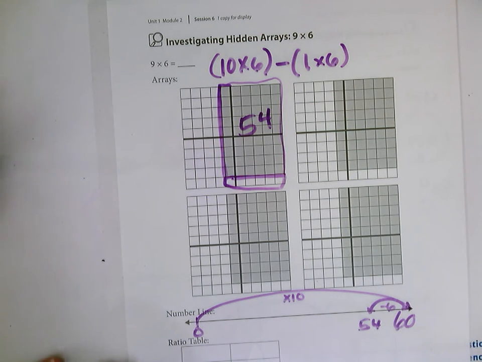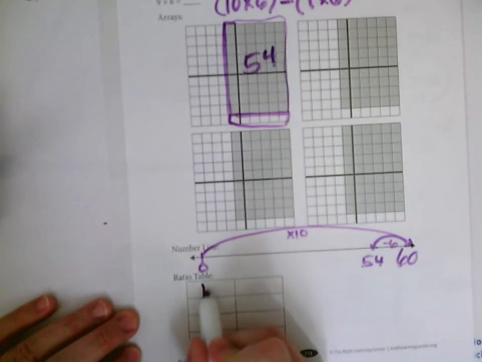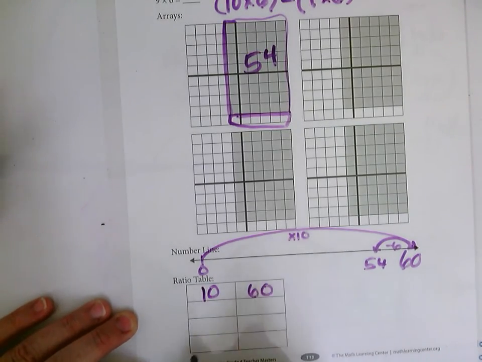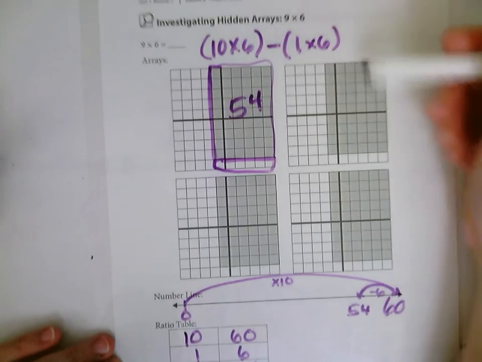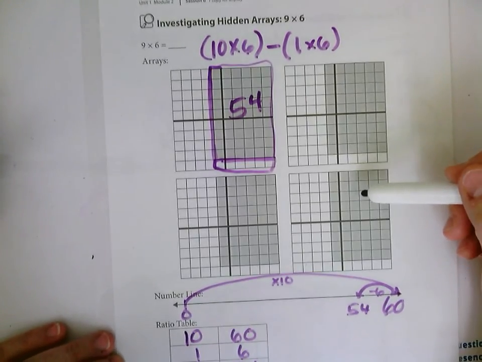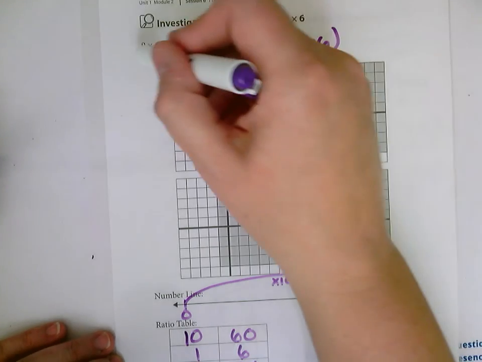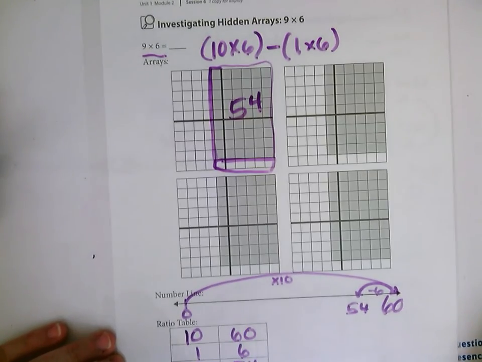And then on my ratio table, I can show the same thing. 10 times 6 is 60. 1 times 6 is 6. So 9 times 6 is 54. Okay, what other strategies can you use for 9 times 6? You'll show those on your homework page. All right.